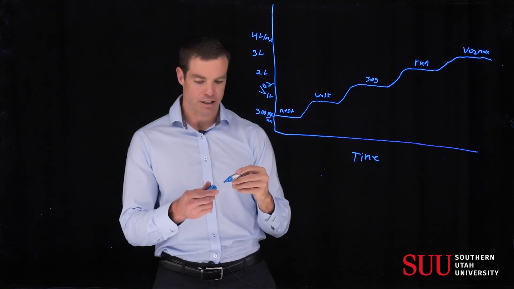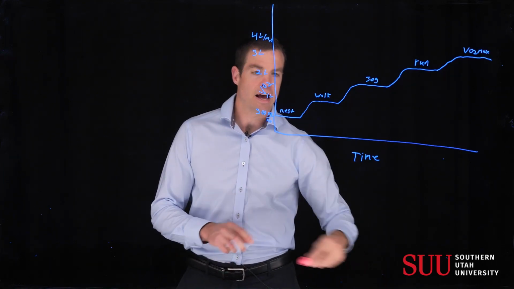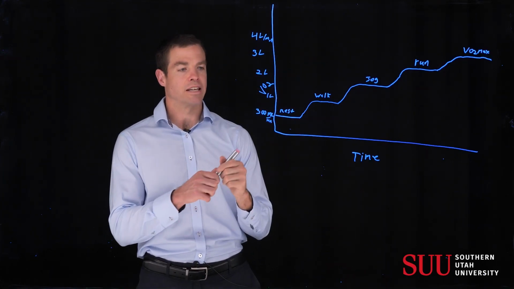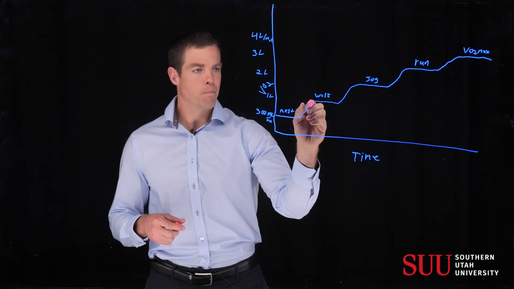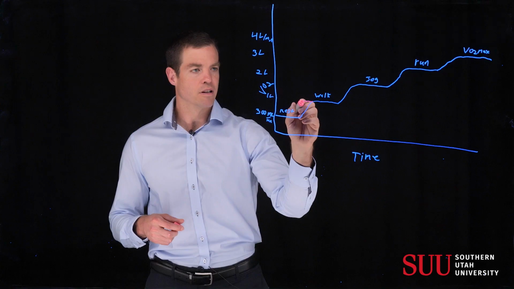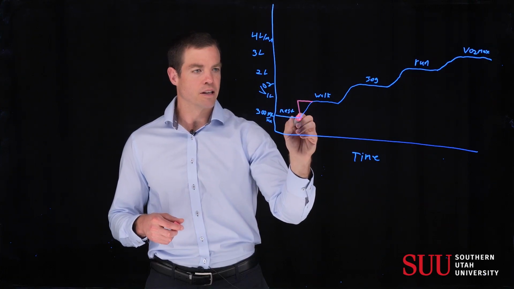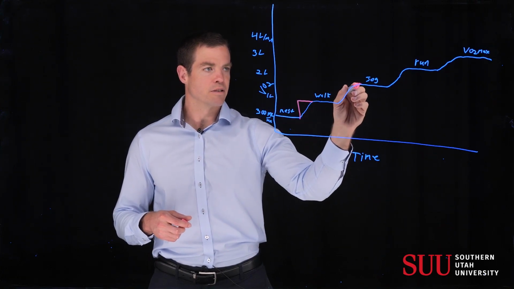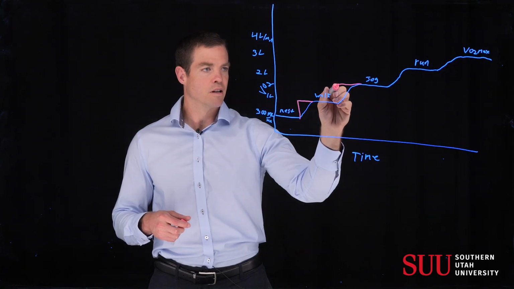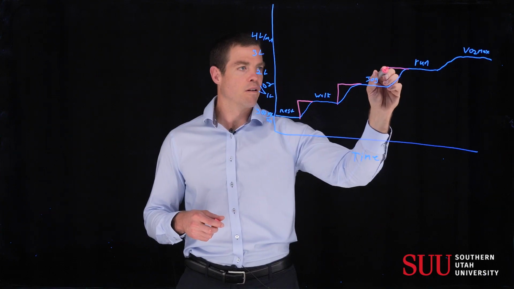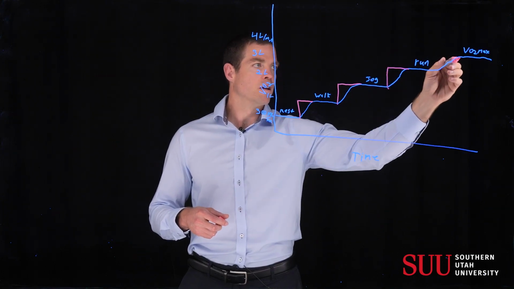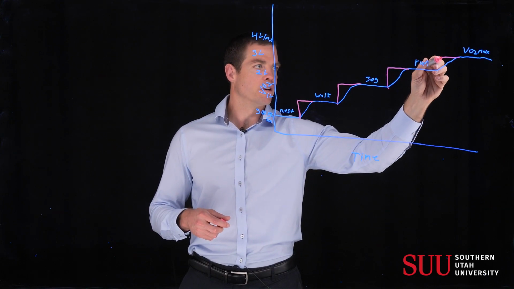Now, what's interesting here is how the oxygen levels increased. So if we made a square of this here, and we do the same thing with this one here, and then over here.